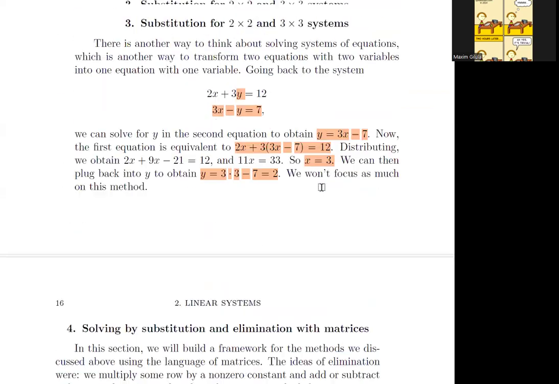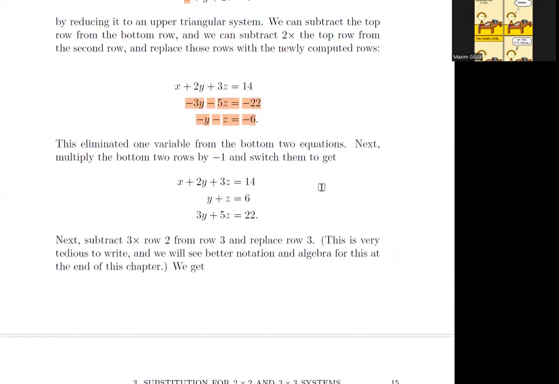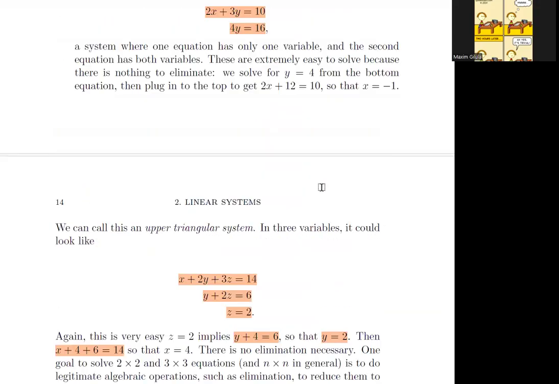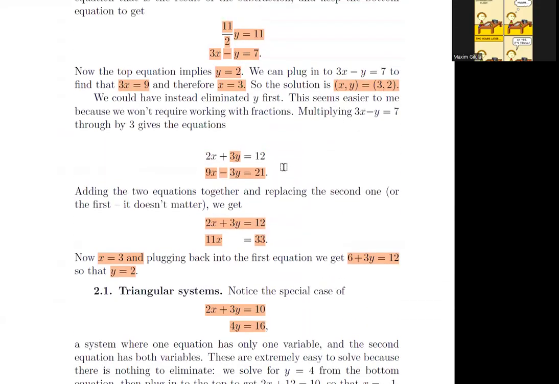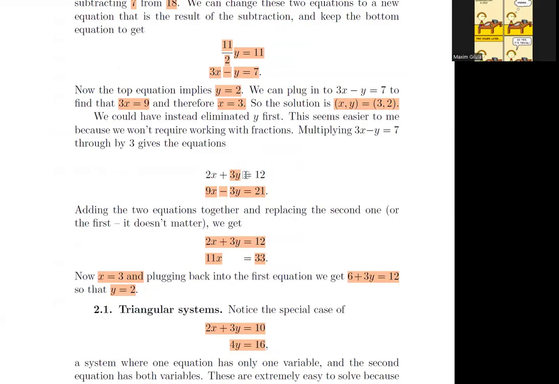If we scroll all the way back up, here, we had a row, 2x plus 3y is 12, which is now just 2, 3, 12. And we had the row 9x minus 3y is 21. Well, we had that equation, which becomes the row 9, -3, 21 in our augmented matrix.